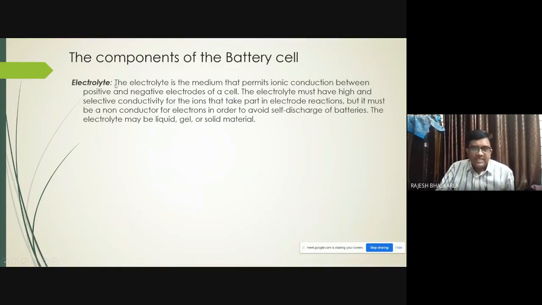So the separator also acts as a selective conductor, permitting the ions only during discharge or charging. But when the battery is open, it must not be a conductor for electrons, in order to avoid self-discharge.